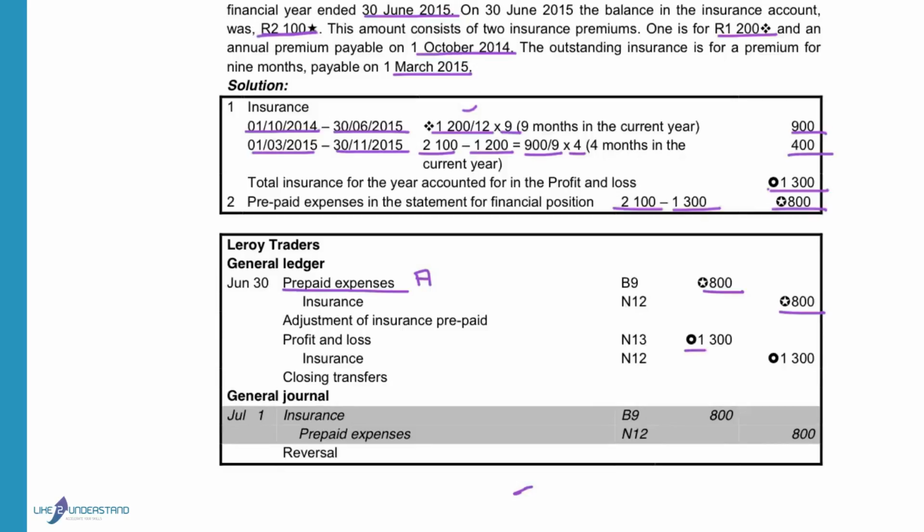So the 1,300 expense for the current year is transferred from the insurance account to the profit and loss account. On the first day of the next financial year, you will do a reverse entry, debiting the insurance with 800 and crediting prepaid expenses. So the entry that we created at the end of the year will be reversed on the first day of the second year.